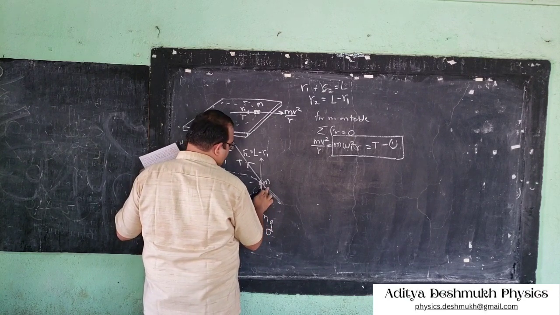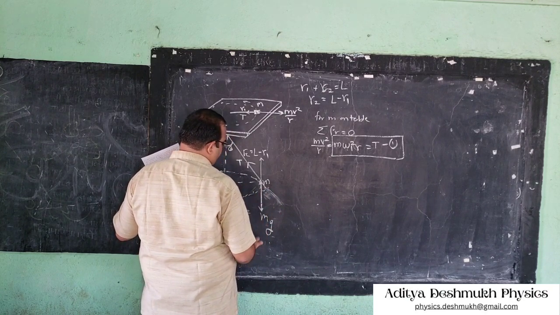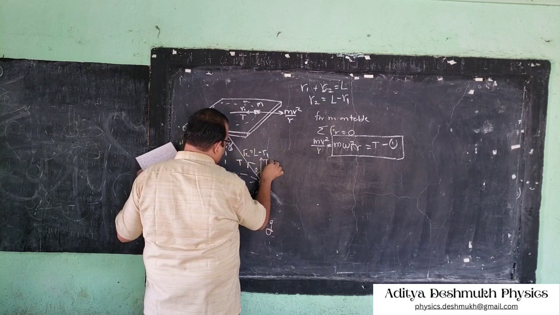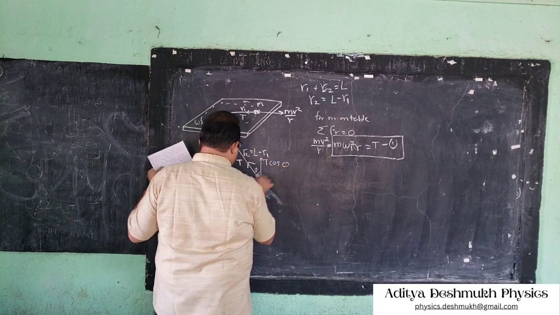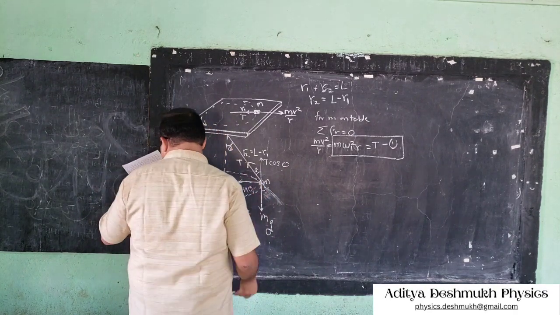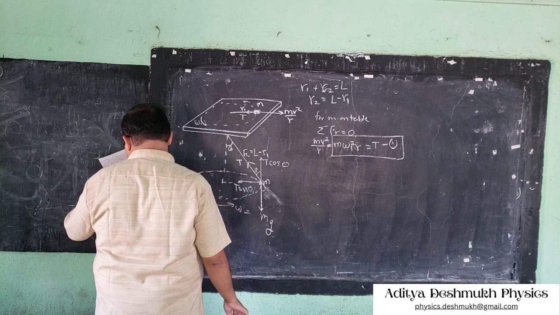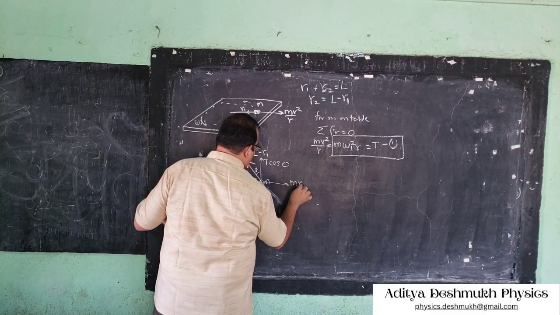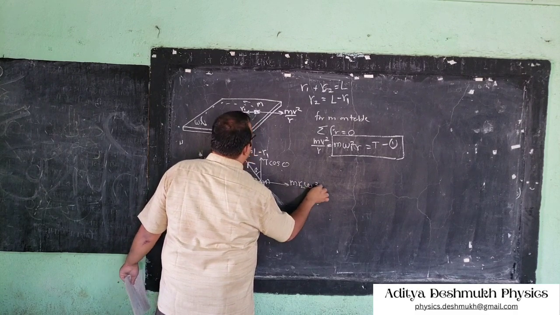I don't need to resolve mg. So if this angle is theta, this angle is theta, so this will be T cos theta and this will be T sin theta, and this will be m R2 omega 2 square.